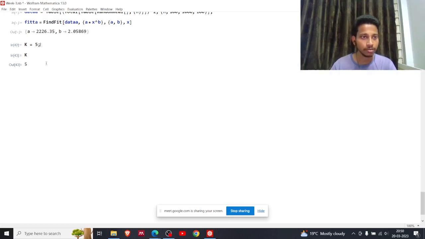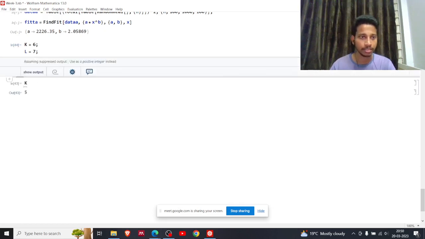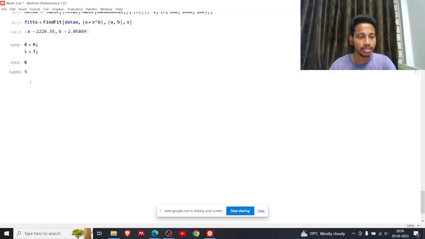Now it depends. Like I have used k equal to 6 with a semicolon, then normal enter, not shift enter, and then l equal to 7, then another semicolon, and then use the shift enter. Previously I assigned the value 5 to k. Now I have used 6.